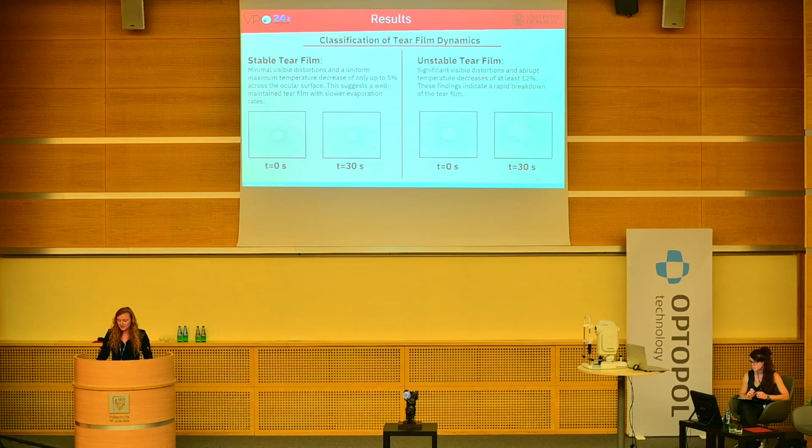This suggests the presence of a well-maintained tear film. On the other hand, the unstable behavior is categorized by significant visible distortions in the placido disc, along with an abrupt local temperature decrease of at least 12%. These observations may indicate a rapid breakdown of the tear film.